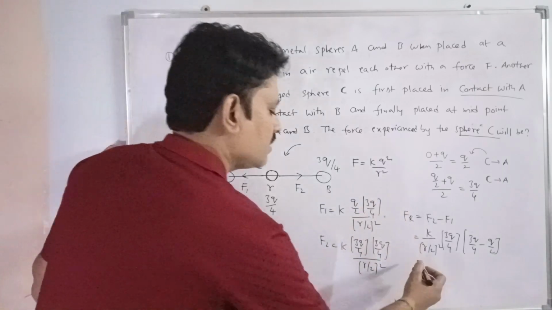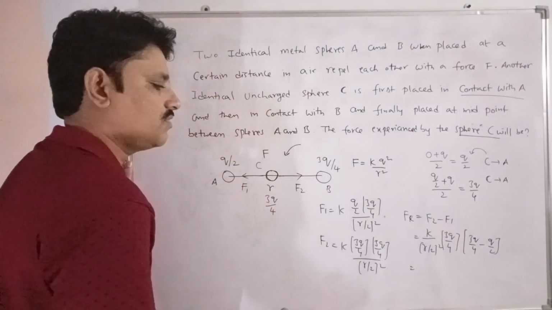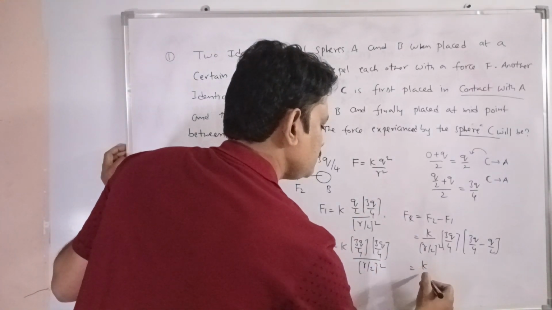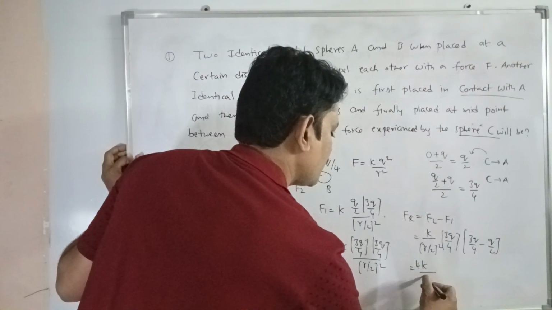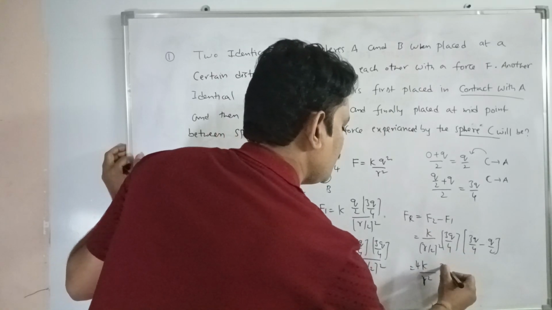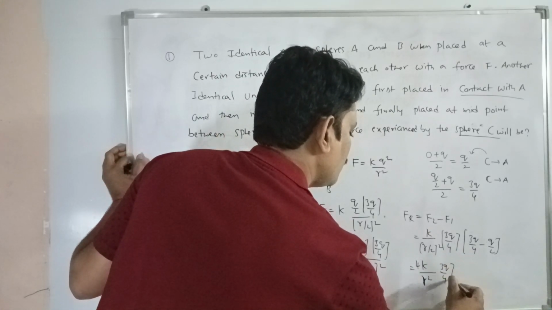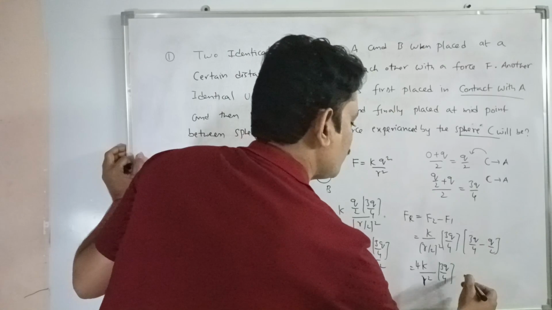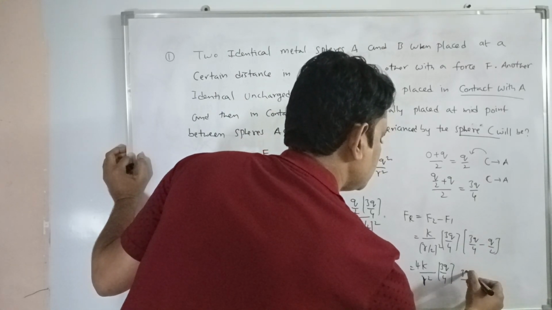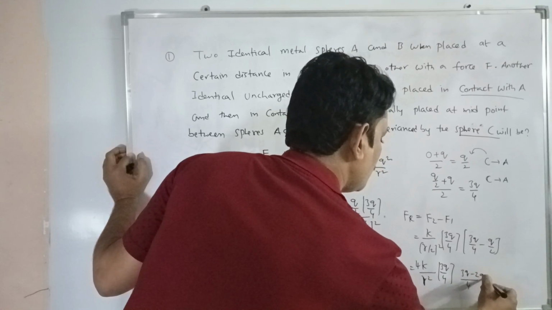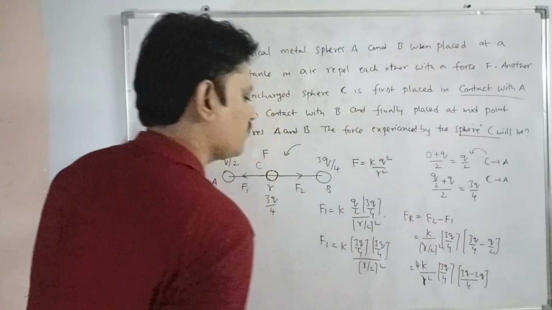If you take the common factors, finally K into r by 2 whole square, that is 4K by r square, into 3q by 4 minus q by 2, that is 3q minus 2q by 4.